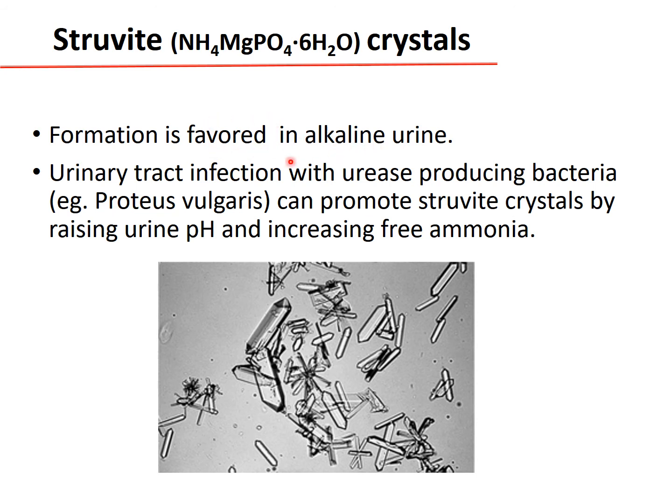The formation is promoted by alkaline urine. In urinary tract infection, especially when the bacteria is Proteus vulgaris, which promotes ammonium formation, struvite crystal formation increases.